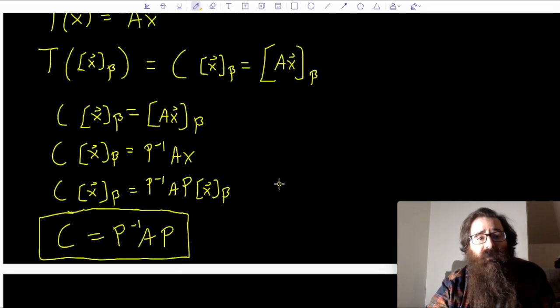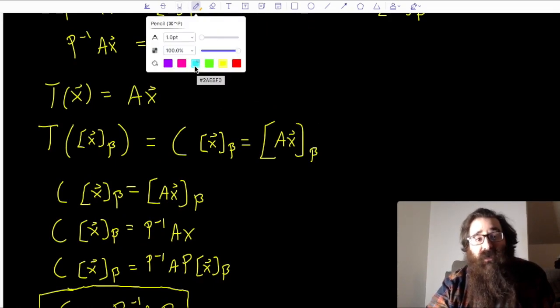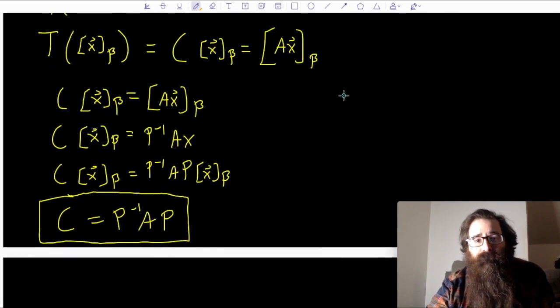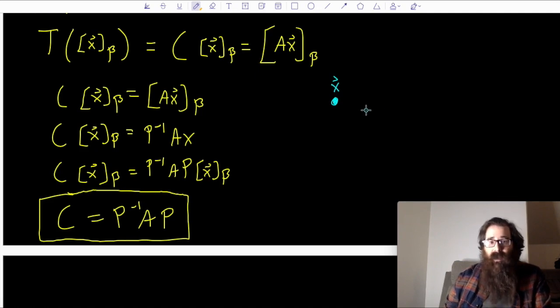Now, before we take a look at some examples, there's one more discussion I would like to have with you, and it's a bit more visual. I want to talk about how we can interpret this visually. So let's say I started with some vector x, and let's say I didn't have time to waste, I didn't want to mess around, and I needed to get to my output vector in a hurry, my output vector being A times x.